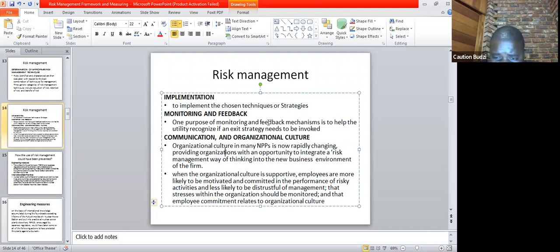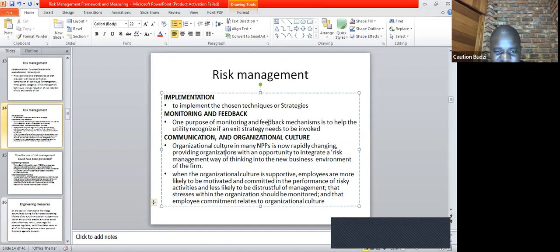It suggests that stresses within the organization should be monitored, and that employee commitment leads to organizational culture. So to some extent, there was no culture of risk management at this company, as was evident by the ignorance of some very important risk issues which were identified, but they didn't take action to implement at least a strategy to minimize the effects of these risks.